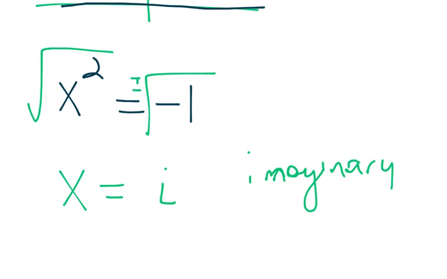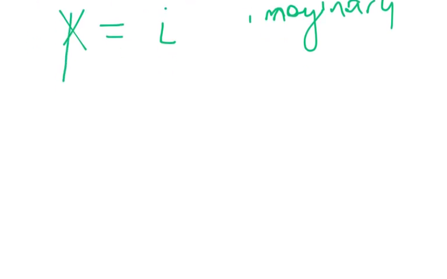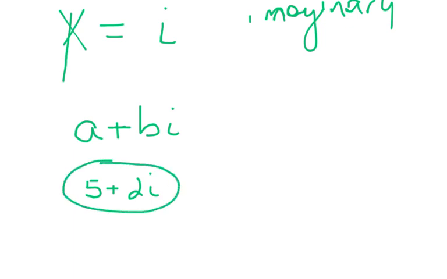Okay. So anyhow, it is defined as square root of -1. There's several things: every imaginary number can be written as a plus bi, meaning that it can be written as a real number plus the imaginary number. So like 5 plus 2i. This is an imaginary number.